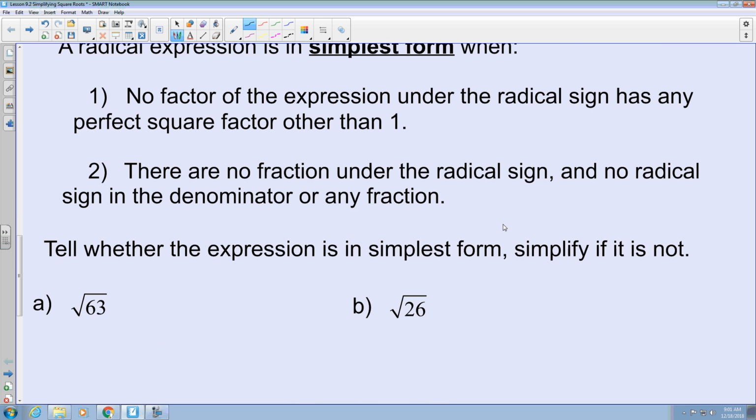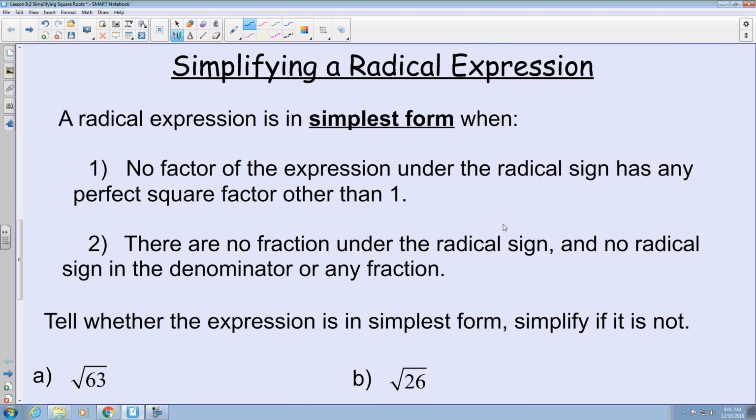When we're simplifying, it says that a radical expression is in simplest form when no factors of an expression under the radical sign, which means the square root, has any perfect square factors other than 1. So anything that's a perfect square number can always be taken out of the square root and put to the outside.